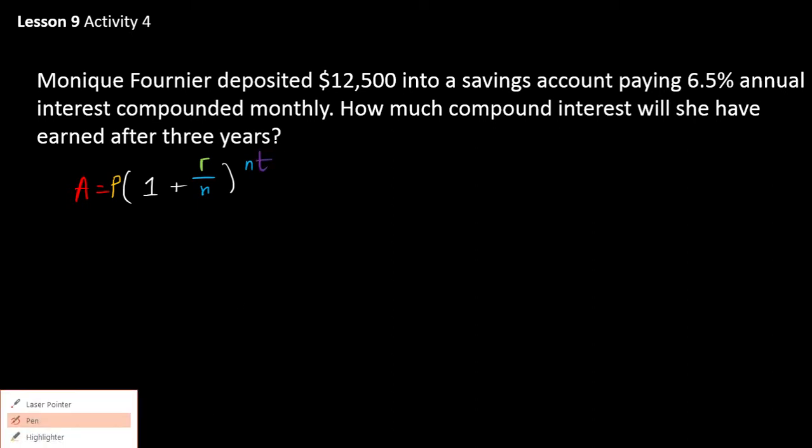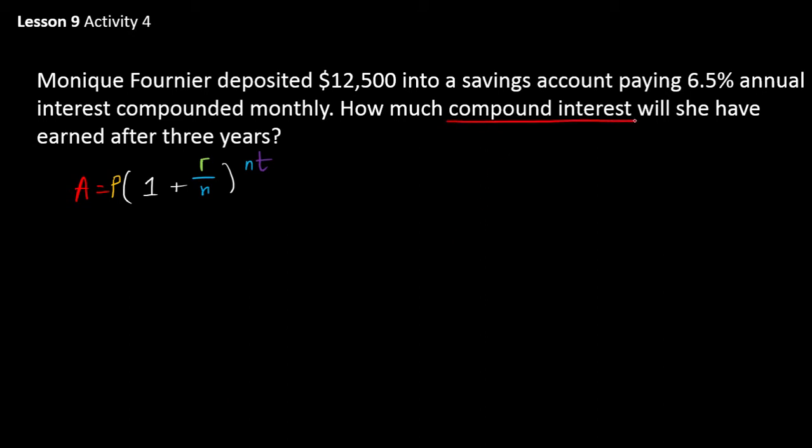So what are they asking us for this time? How much compound interest will she have earned after 3 years? Okay, so this is going to be a little different because compound interest is part of a different formula.